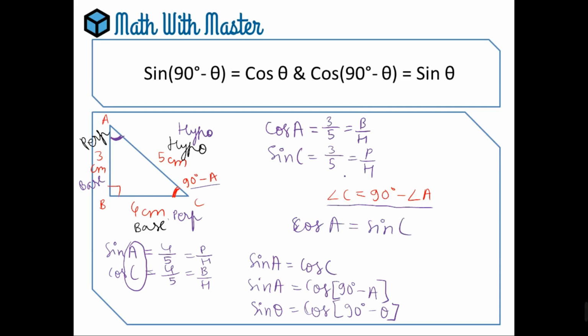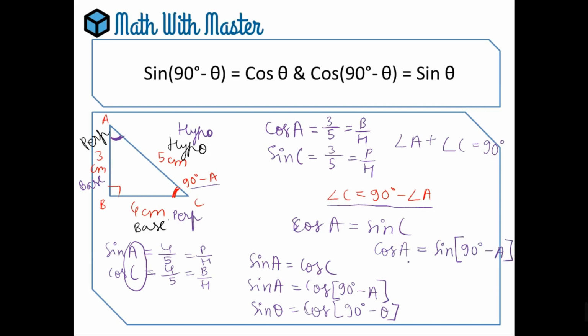Okay, if angle A and angle C are complementary, which means if angle A plus angle C is equal to 90 degrees, then only this is possible. So cos A is equal to sin C. We can write angle C as 90 degrees minus A also, no?